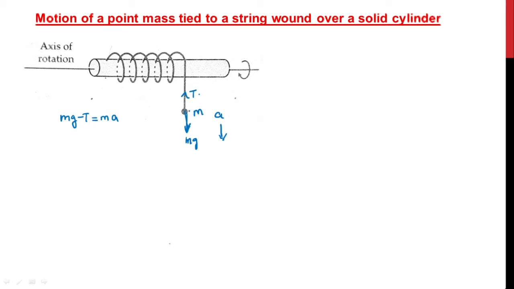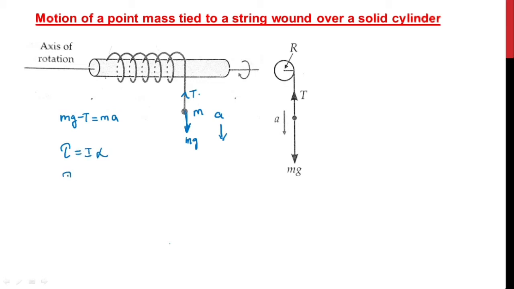In order to calculate the tension, look at another picture here. This is one face of the cylinder. The radius is capital R, tension is acting, and mg is acting vertically downward, which is greater than tension, and acceleration is acting downward. Because it's a rotating body, we can use the formula tau is equal to I alpha.